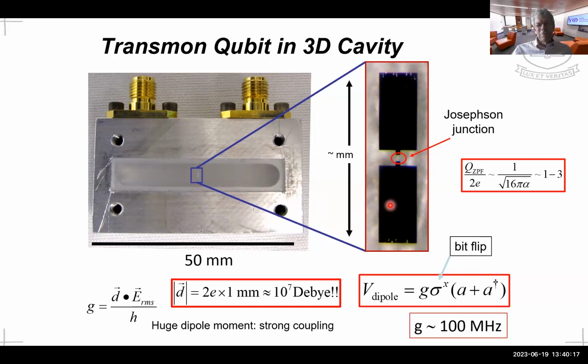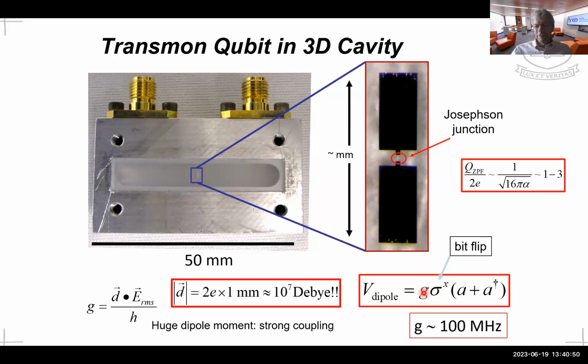So the artificial atom in the cavity can exchange energy through this dipole coupling 100 million times per second. So here's the coordinate of the electromagnetic mode, the electric field in the cavity. Here's the Pauli matrix representing the transitions between the ground and excited state of this approximately two-level system, this anharmonic system.